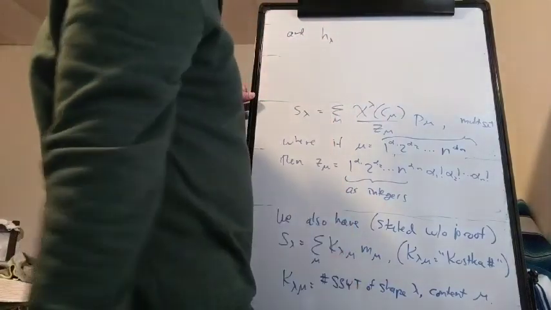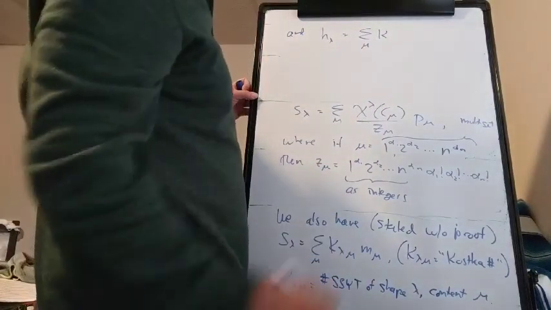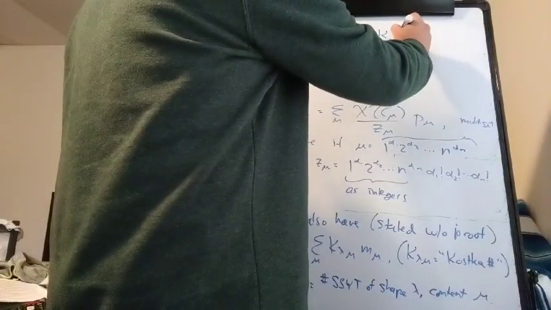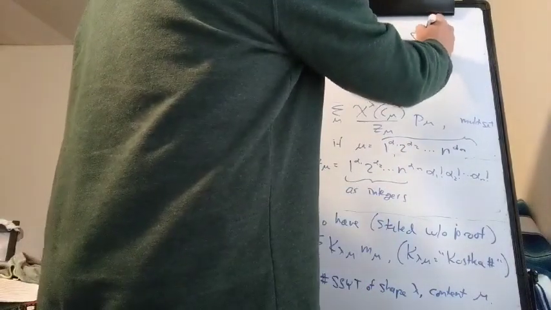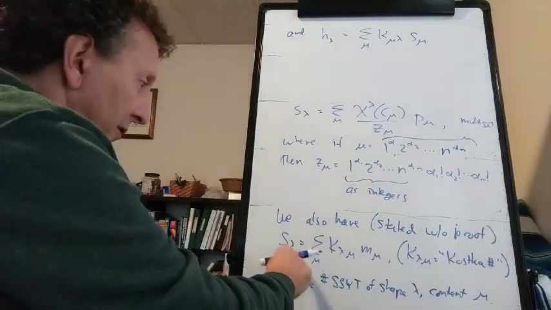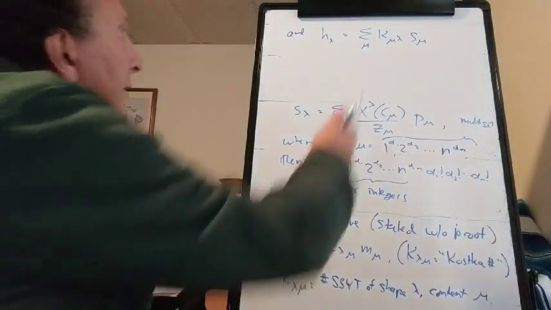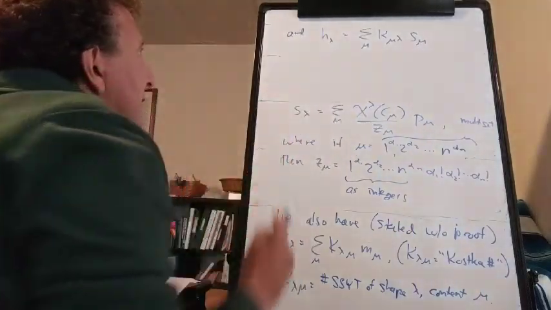So if we expand the homogeneous symmetric function in terms of the Schurs, we get the Kostka numbers coming up slightly differently. So the index on the Kostka number is swapped from what it was in this case. So the first index matches this basis, and the second index matches this basis out here.